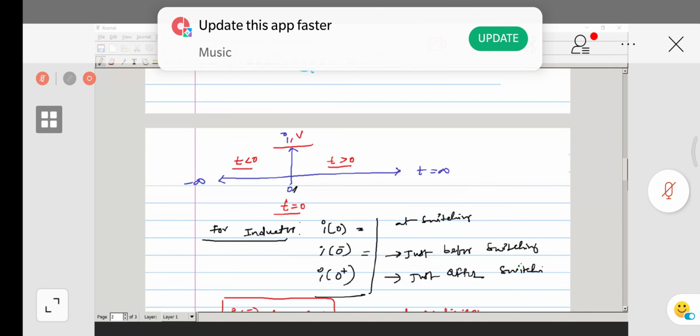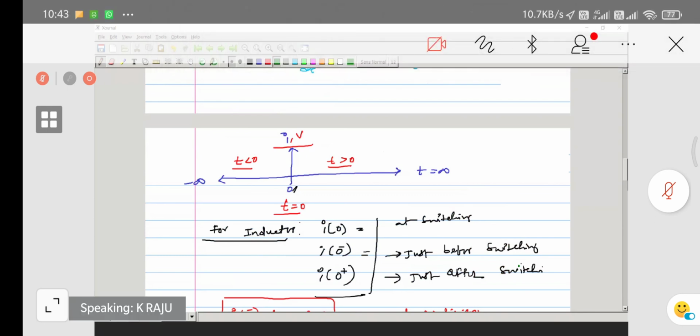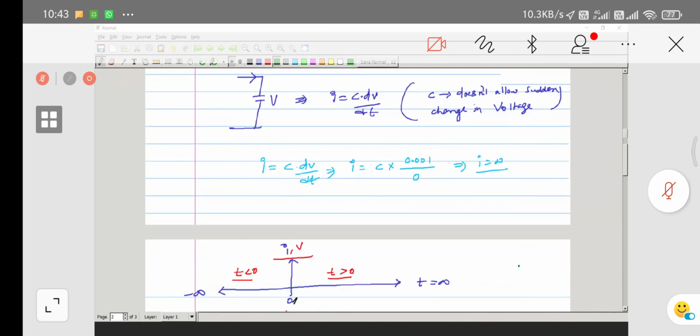So here the voltage across the capacitor. After reducing this circuit, how can I draw my circuit? It can be drawn like this. This is the C and this is the R equivalent. Now it is Vc of t.